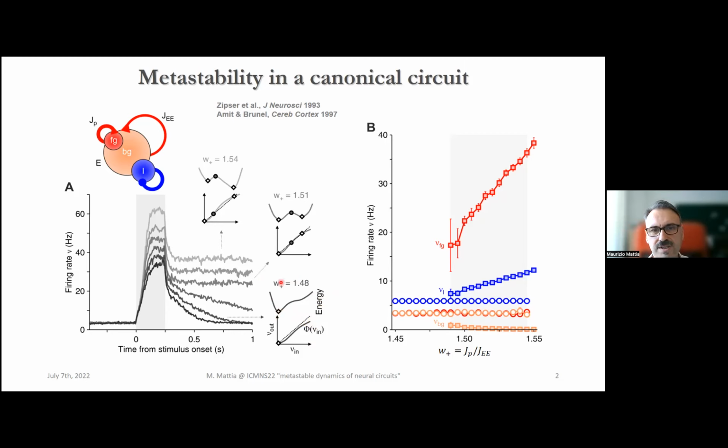But if you increase this self-excitation, you will end up with two stable attractors, one at the low firing rate and the other at high firing rates, which can be depicted by this Lyapunov function. This effective energy landscape has two valleys. Depending on the stimulation, you will be driven to go to one of these two states, and you can escape from these metastable states.